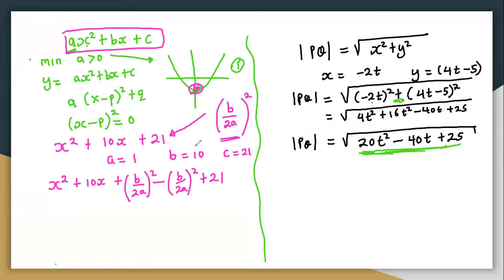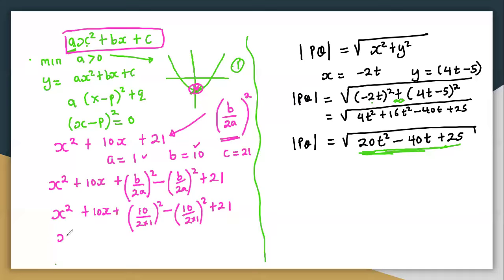Now, you substitute what your b is and what your a is. So now I'm going to say, this is x squared plus 10x plus, what is my b out of 2a? My b is 10 out of 2 times 1, everything squared, minus 10 out of 2 times 1, everything squared, plus 21.